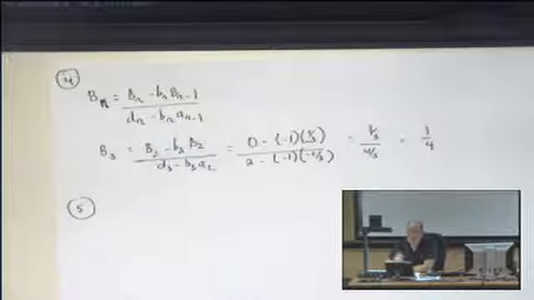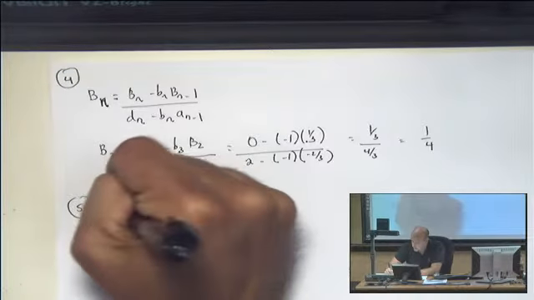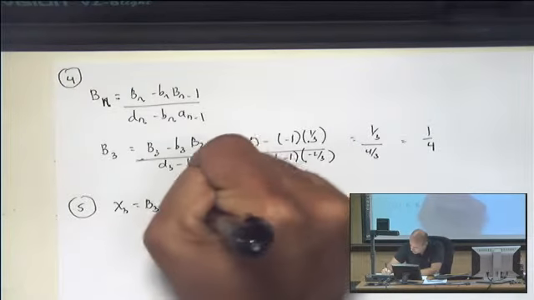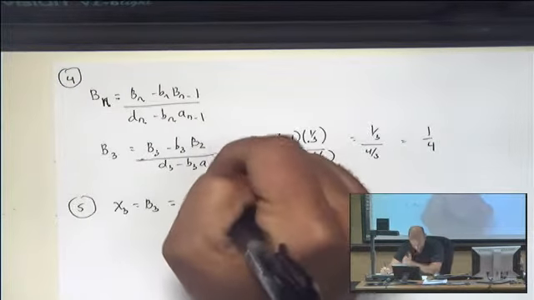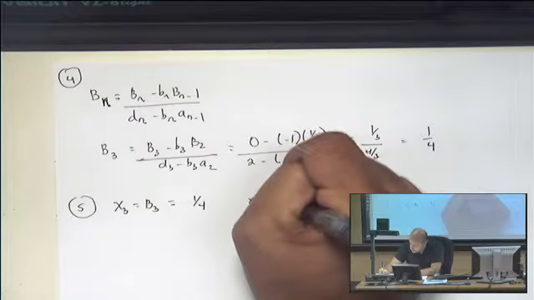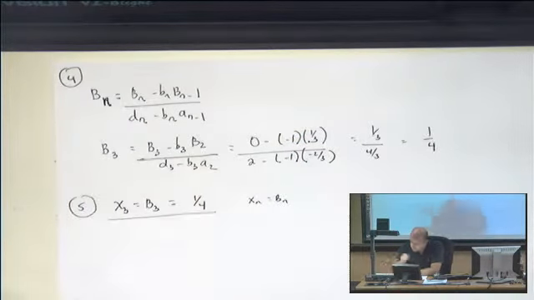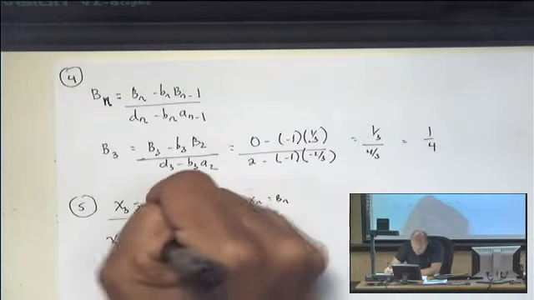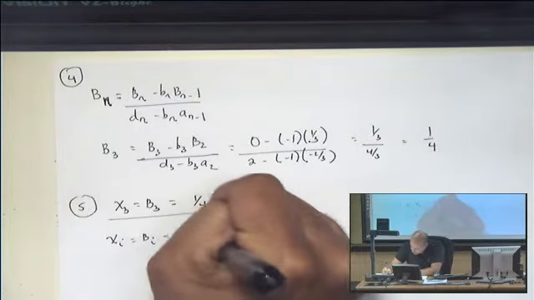So what we do is we say that x3 is equal to B3. We just found that's going to be 1/4, or 0.25, because xn was equal to Bn, right? So we found x3. Now we do xi is equal to Bi minus ai times xi plus 1.